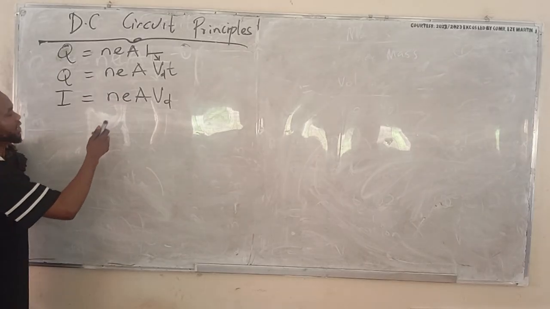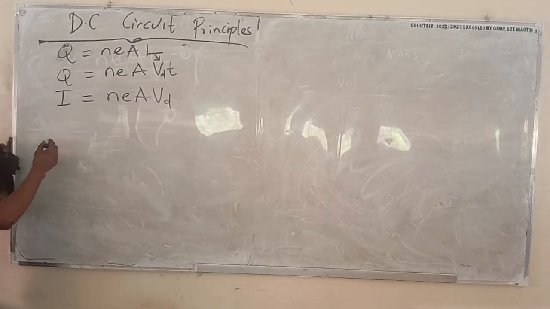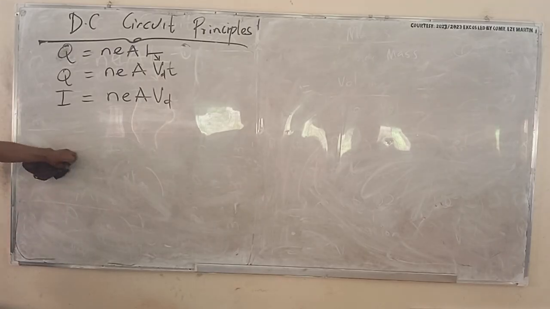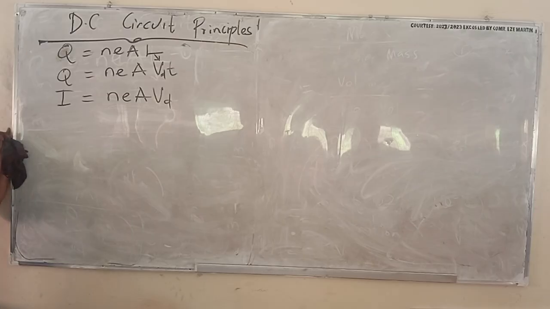Now, current density is simply gotten by saying we cannot have current density to be, first of all, current that happens on a surface. Whenever surface is the area of concentration, we consider the density there to be over area.